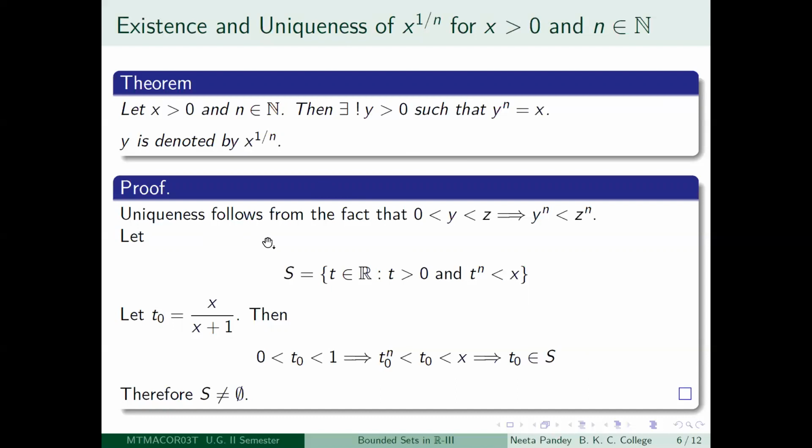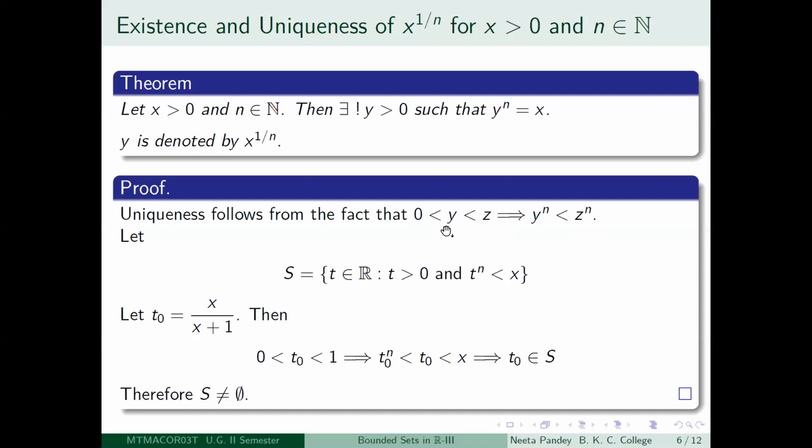First of all, uniqueness is not difficult, because suppose that y is less than z, and both are greater than 0, of course, then you multiply this by y. What do you get? You get y squared is less than y into z. Now y into z is going to be less than z squared, because y is less than z, right?